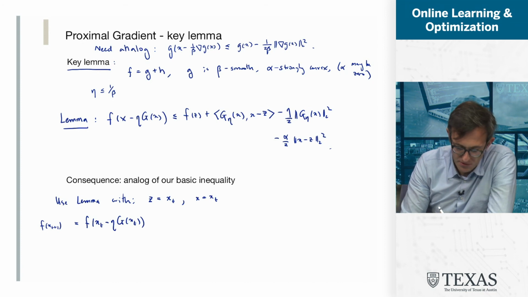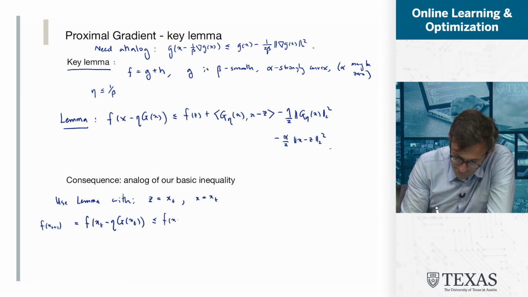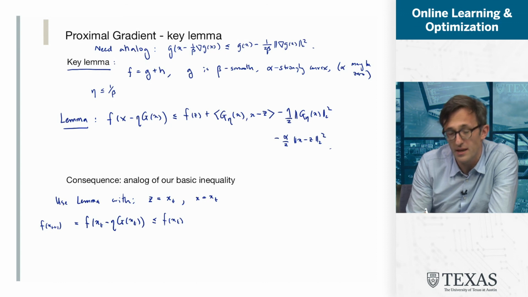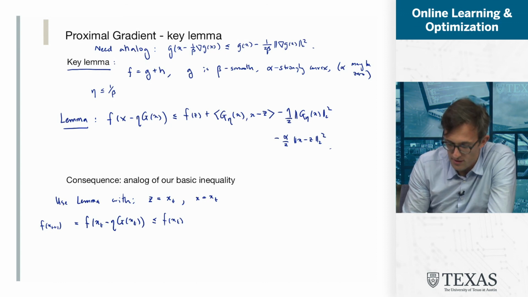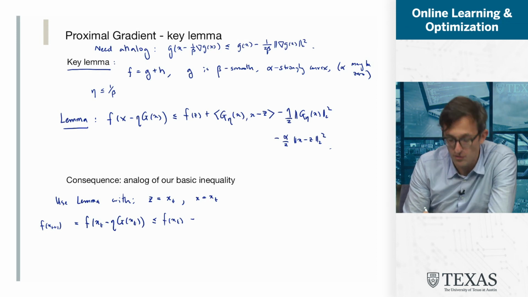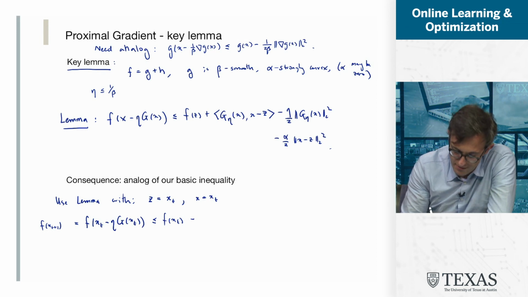So f of xt plus 1 equals f of xt minus eta g eta of xt, and now I'm going to use this lemma. It is less than or equal to f of z, z is equal to xt, plus something, but I've got an x minus z, and I'm setting x and z to the same thing, so the second term goes away, minus eta over 2. If I choose eta equal 1 over beta, I would get 1 over 2 beta here.